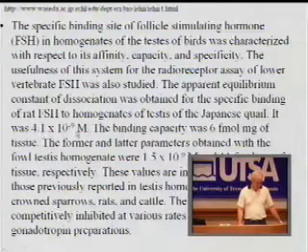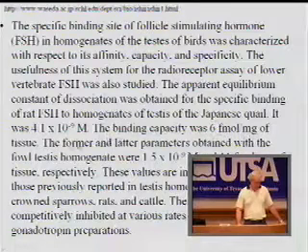It was 4.1 times 10 to the minus 9 molar. You should be, in your mind, converting that to 4.1 nanomolar almost automatically. The binding capacity was 6 femtomole per milligram of tissue, the Bmax. So we have a KD and a Bmax.